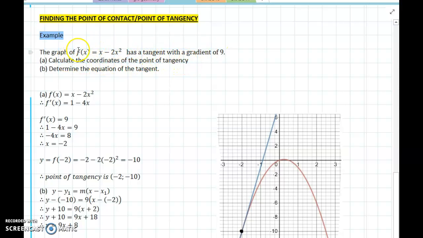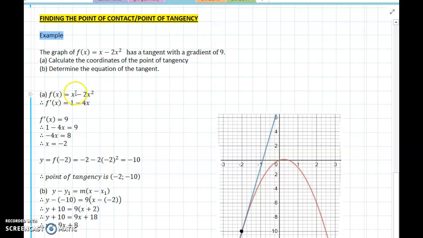So what have they given us? They've given us the curve, and they tell us that the gradient of the tangent is 9. So there's the curve. The gradient anywhere is the derivative of this curve. So it's 1.